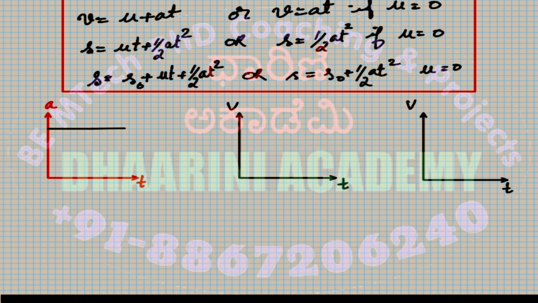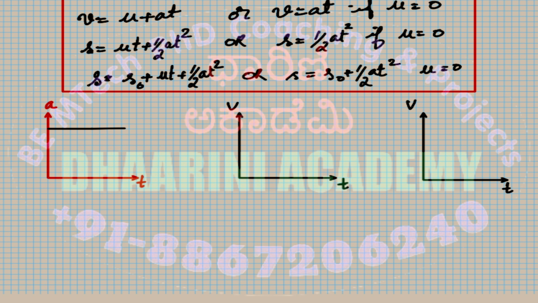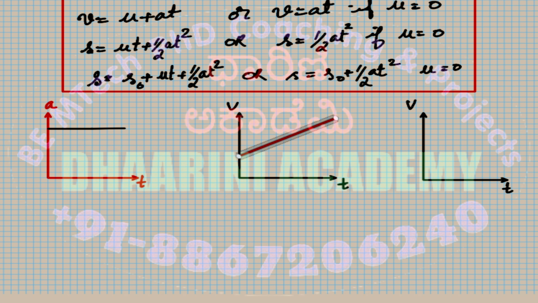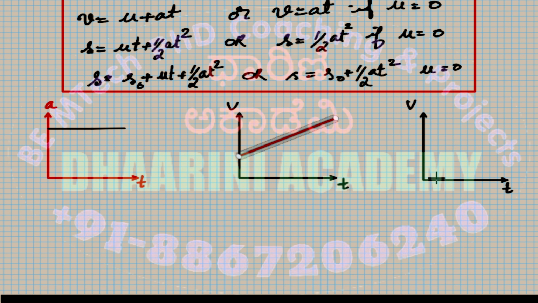So the first one, v is equal to u plus at, indicates that there is an initial velocity u from where the graph begins. So from u it begins and it goes on like that. At the same time, if you have u equal to 0, this has to start from no initial velocity, so this has to be like this. So this is v equals u plus at, and this is v equals just at, thinking that u is equal to 0.